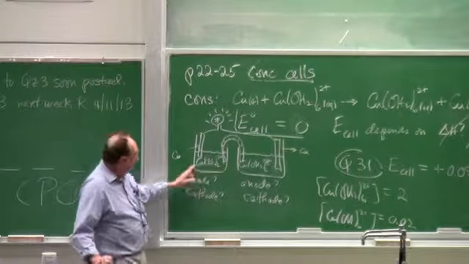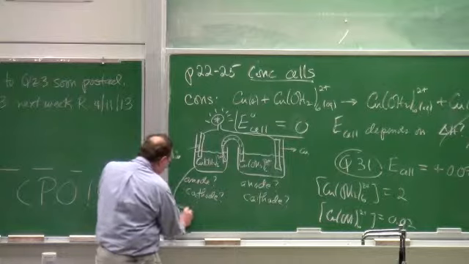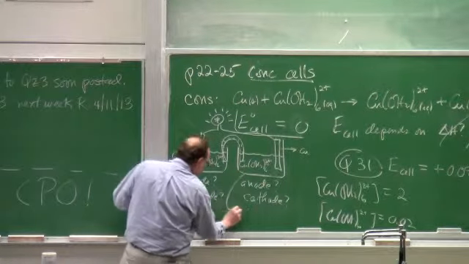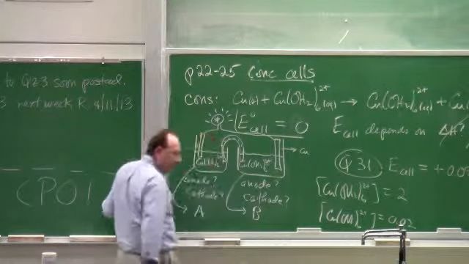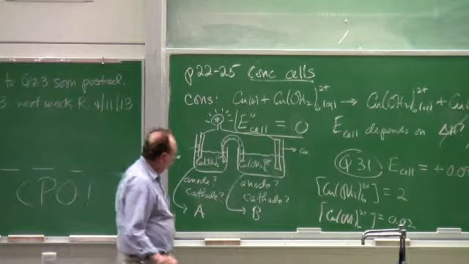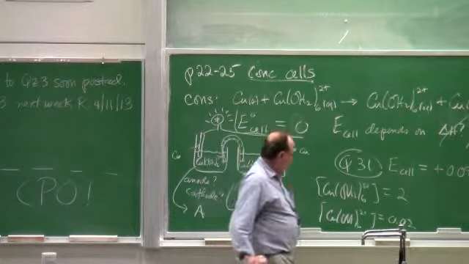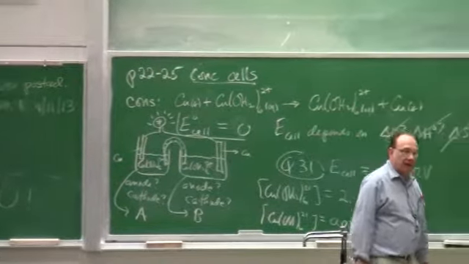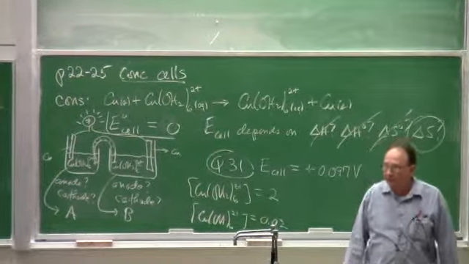Let's call this beaker A, which means by default this is beaker B. In beaker A, do you wish to place the 2 molar copper ion or the 2/100 molar copper ion?